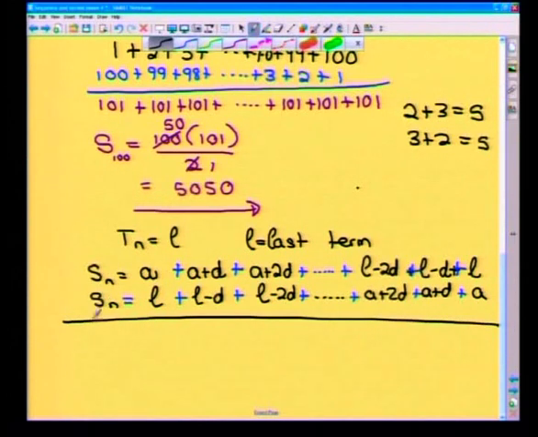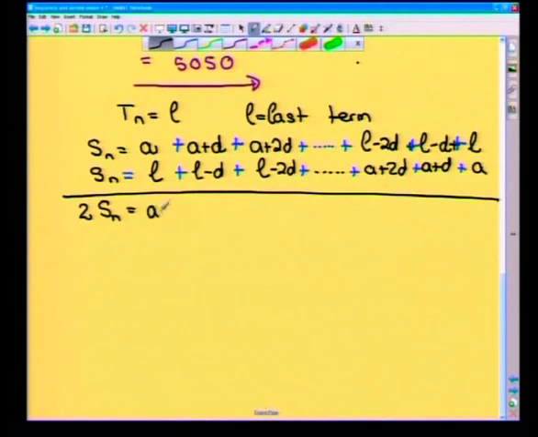He then added these, so he said, I've got 2 lots of Sn. And let's see what's happening here. Well, if I add those, I'm going to get A plus L. If I add those, the D's are going to fall away. I'm going to get A plus L. If I add here, again, the 2 D's falling away, A plus L. And all the way along here, I'm going to have A plus L. Let's separate them with plus signs so we can see them clearly.